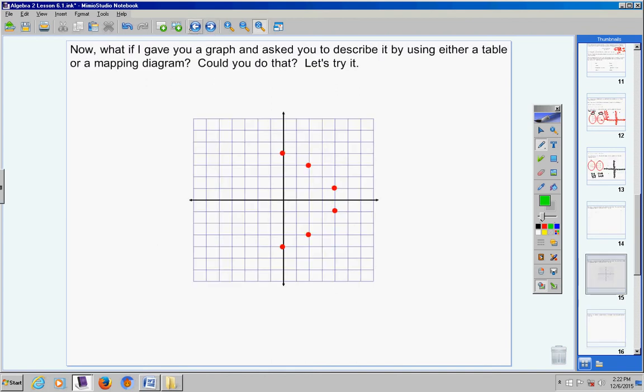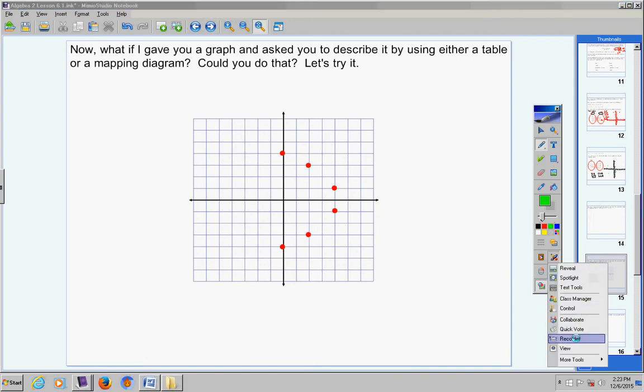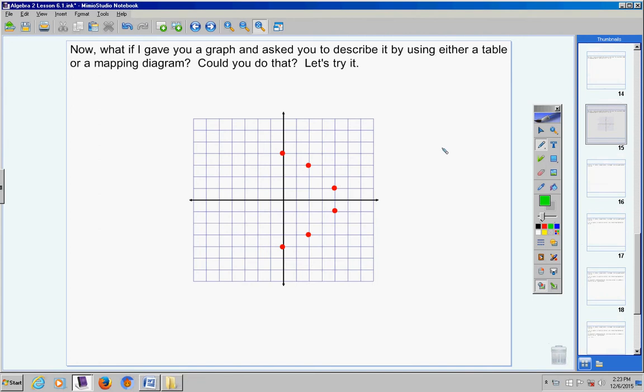I'm giving you this graph here, so copy that down, please. Well, students, it really doesn't matter which one you do first. I'm going to start off doing a table of values. So if I asked you to describe this graph by using a table of values, here we go. It's not that hard to do, I don't think.